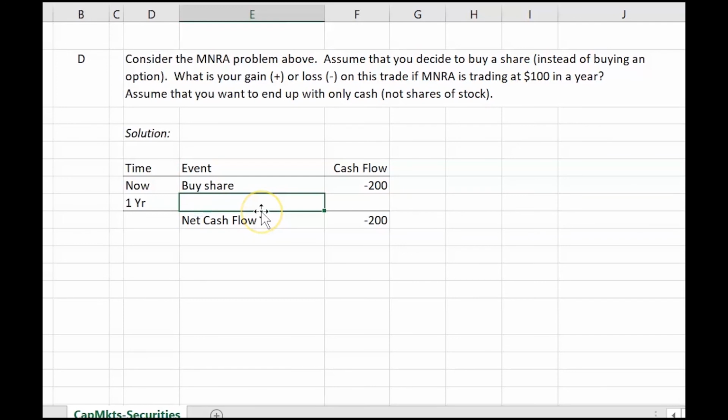We want no share, so we have no choice here but to sell the share, okay, and we get 100. So that's really nice, except we invested 200 and we only got 100 back. So our gain equals our loss in this case is 100.